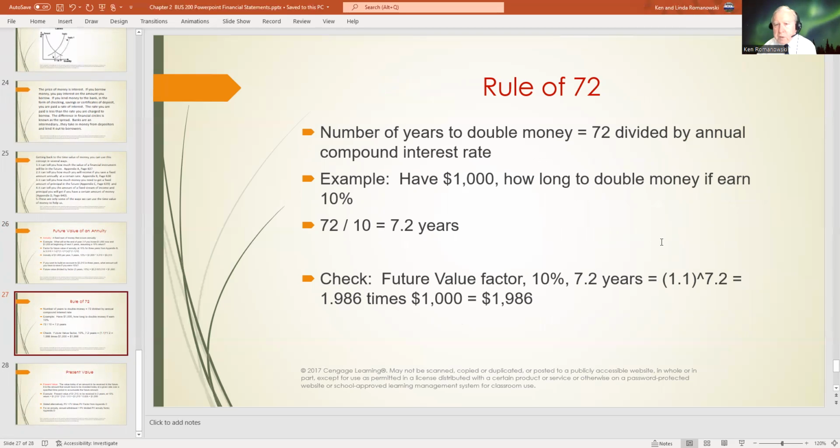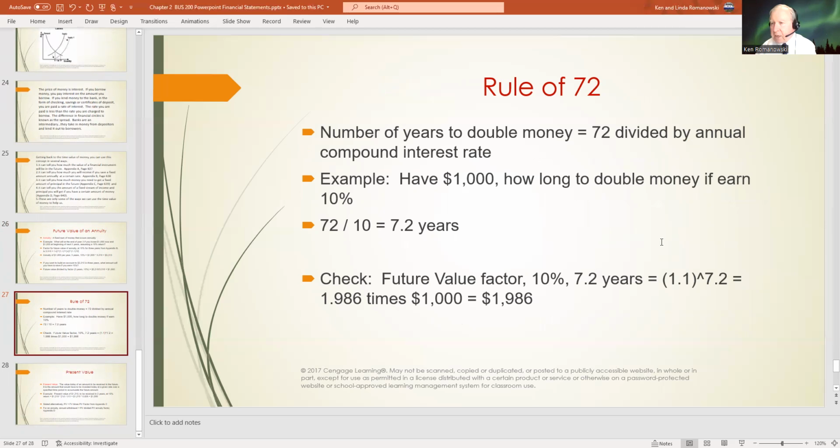There's something called the rule of 72. This is the number of years it takes to double your money. So if you take the number 72 and divide it by the annual compound interest rate, you will find out how long it's going to take to double.